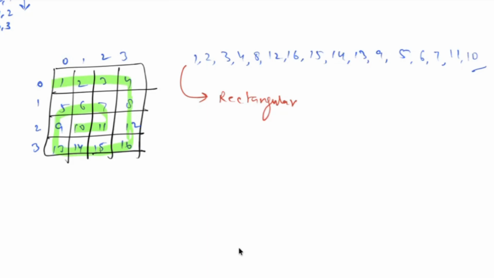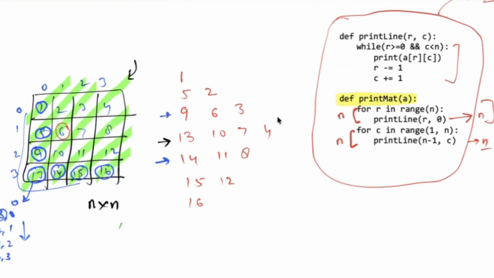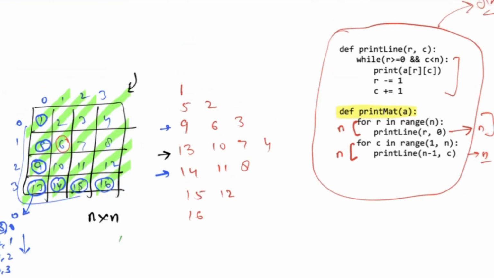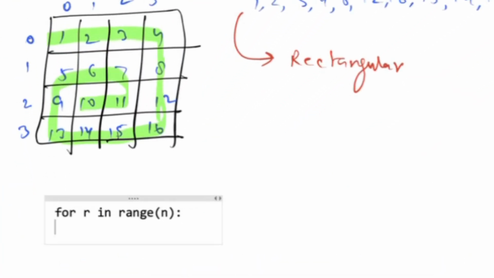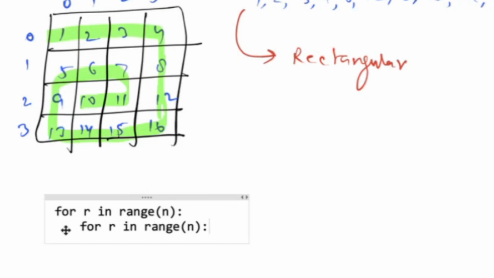See, basically, these questions are traversal related questions. Traversal means the way we are visiting the elements, right? Normally, if I write a loop like for i in range n and for j in range n, so if I write two loops like this, for row in range this and for column in range this, then we are traversing the array in row wise order, right?